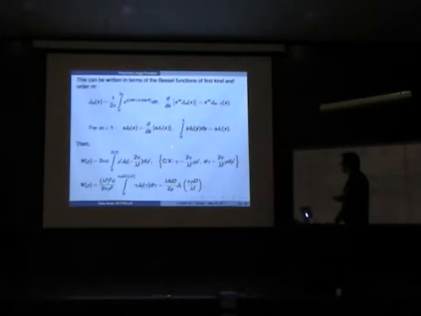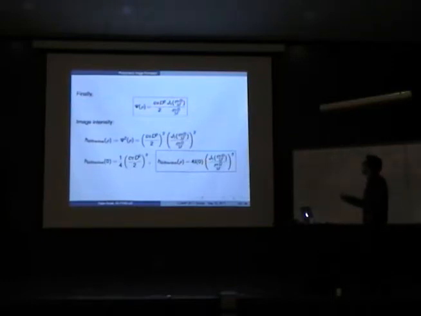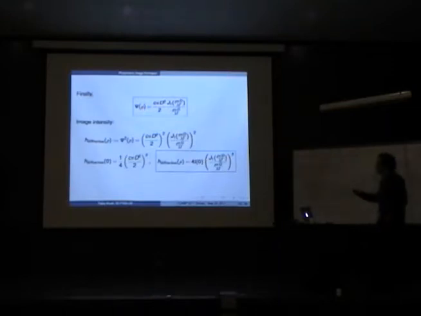You have to use the Bessel functions, and then you end up with a formula for the light field at the image plane, which depends on the size of the aperture, the focal length, and the wavelength of the monochromatic wave that arrives at the aperture plane.